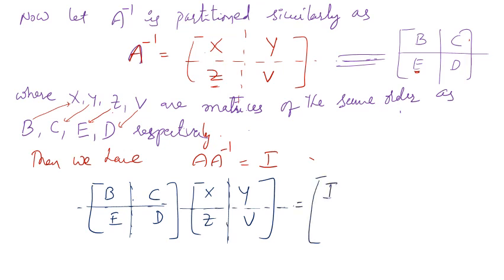That identity matrix I am writing as I1, 0, 0, I2, because all these matrices are submatrices, and the identity matrix is also taken in the form of submatrices.